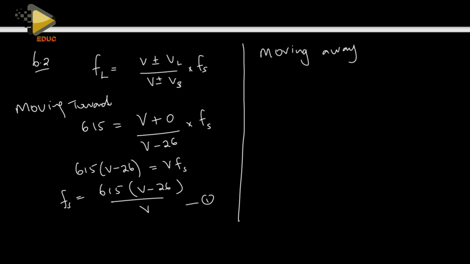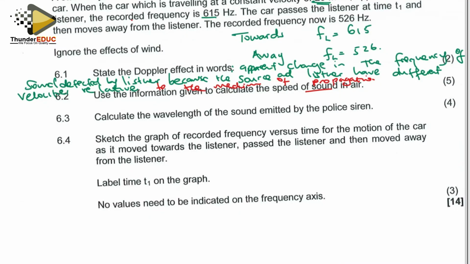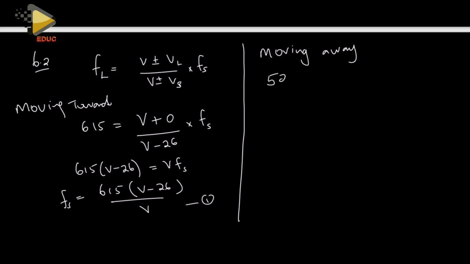From the same equation, I'll just say 526 is equal to V minus 0 over V plus 26 times the frequency of the source. Do the same thing. 526 into V plus 26 is equal to V multiplied by Fs.